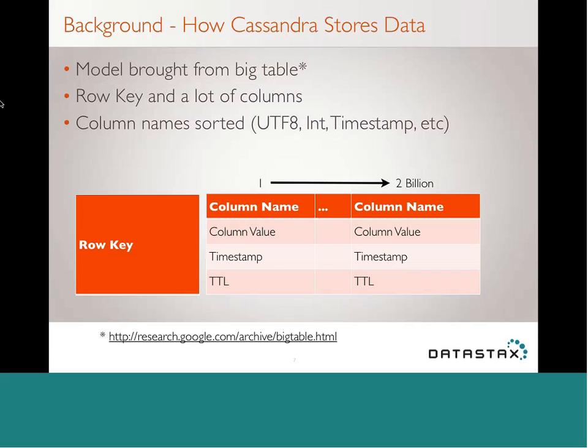The idea is that you have a row key and just a ton of columns. In Cassandra, it's up to 2 billion columns. So each row stores a dynamic range of columns. You can sort those, and the way that they're added can be dynamic.